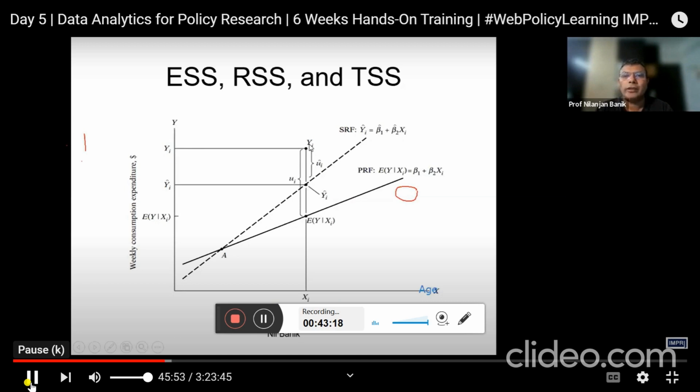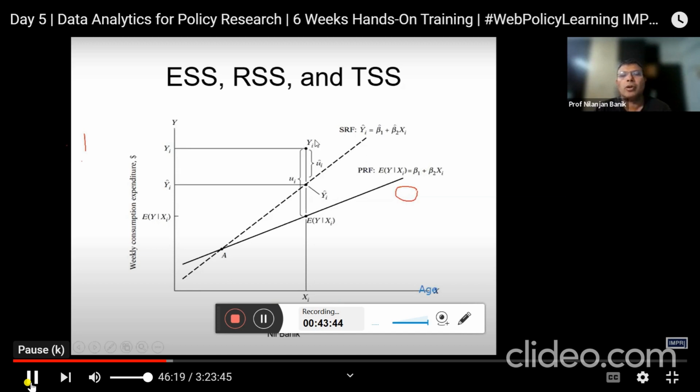the actual Y is different than your predicted Y. So going by the sample regression function, you are predicting, in this case, the weekly consumption expenditure to be, let's say, Yi hat. But in actual, your value is Yi.